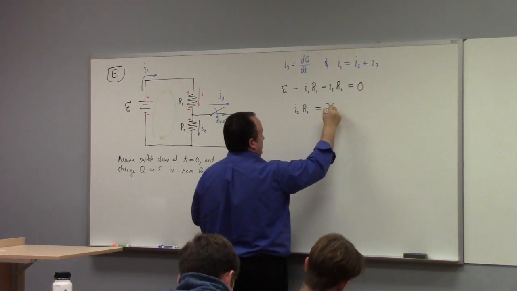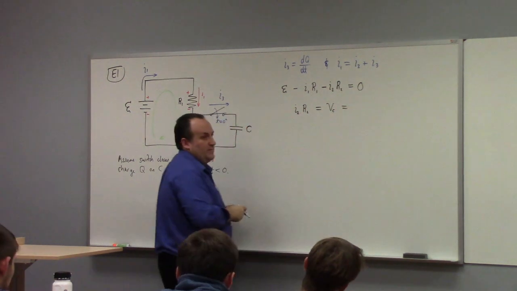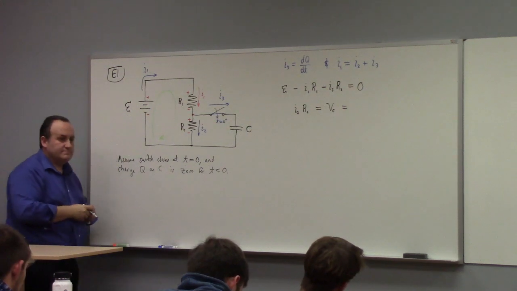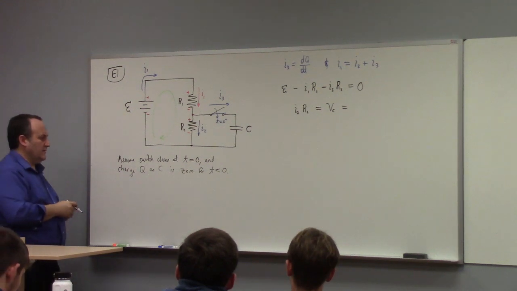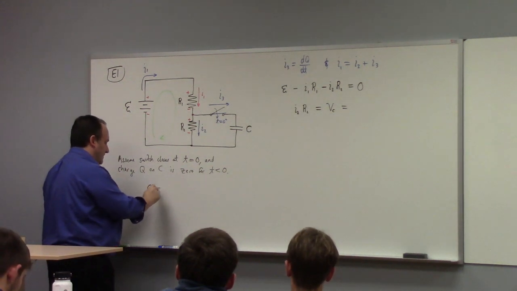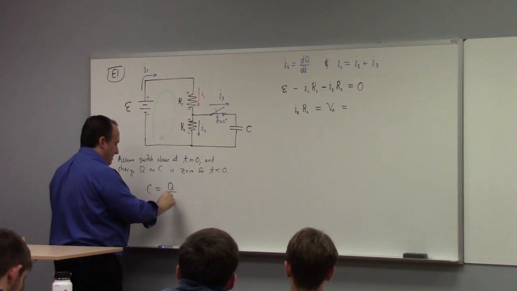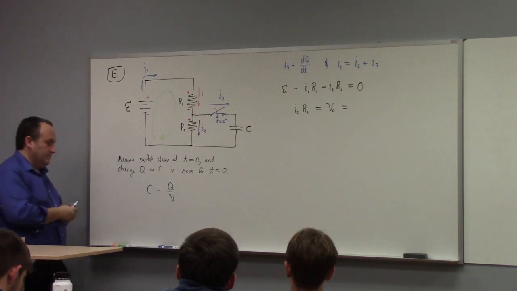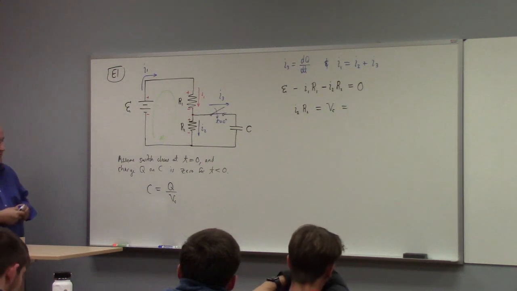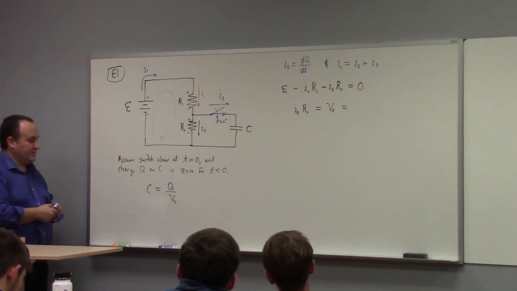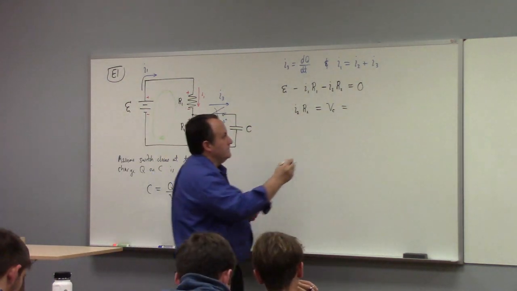The voltage on the capacitor, right? And the voltage on the capacitor is what? Zero beginning, starting. Well, I mean, C is Q over V. So I would say it's Q over C is what I would say there.